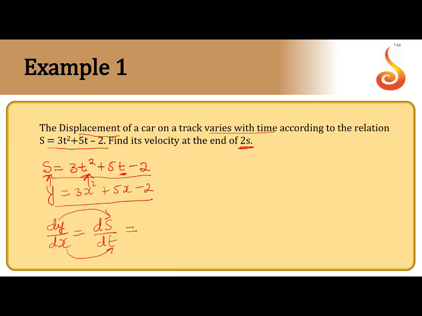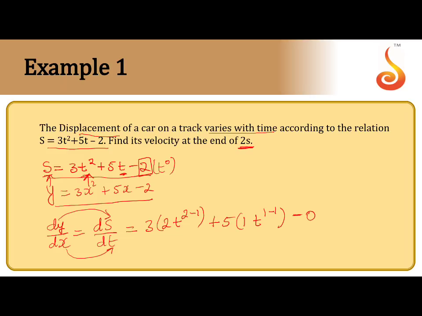So this will become, now differentiate, instead of x, try to put t there. 3 into 2 t power 2 minus 1 plus 5 into 1 t power 1 minus 1 minus this 2 can be written as 2 into t power 0, or in simple terms, only a constant is there.